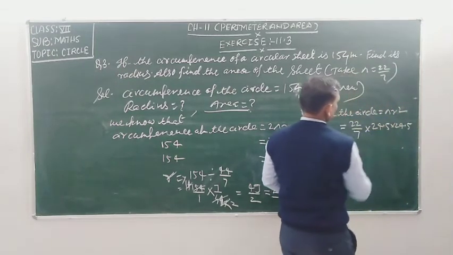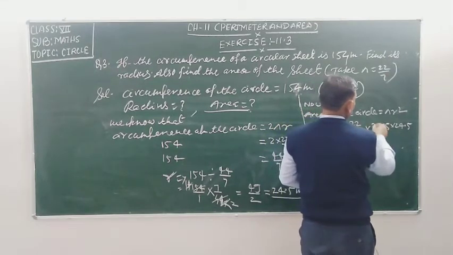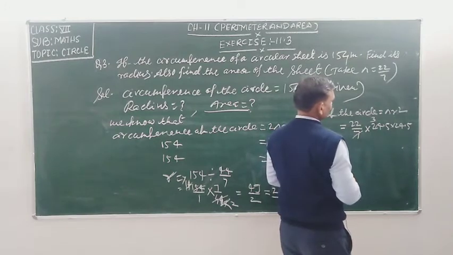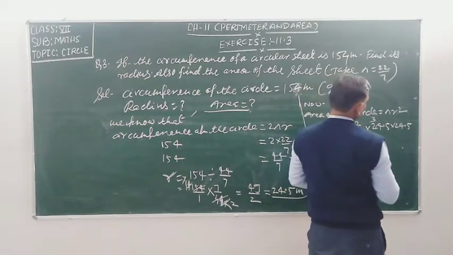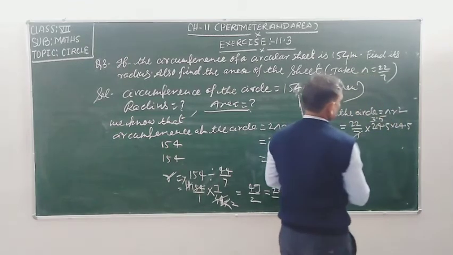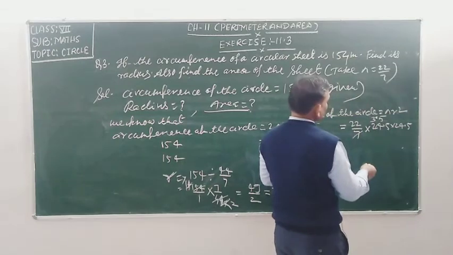This is the radius. Now divide it. 7 threes are 21, 7 fives are 35, so 3.5. Now multiply it, student.